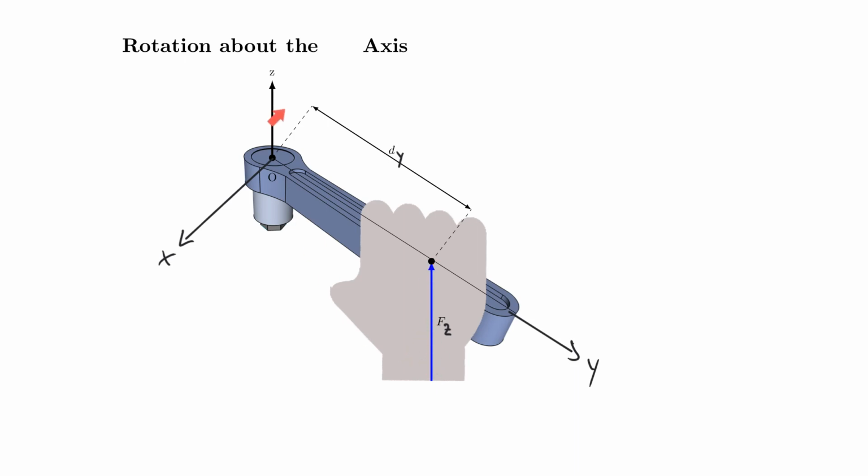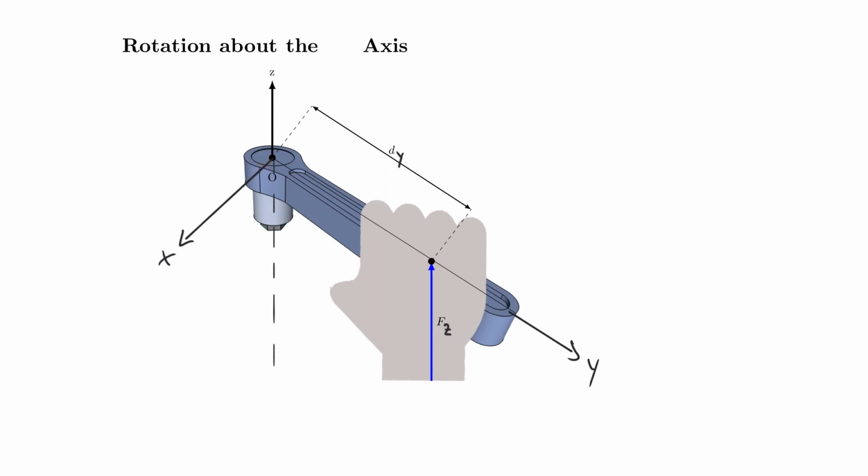So this here is parallel to the z-axis. Let me clarify this a little bit better by adding the z-axis that is going down here. That would be the negative z-axis. And so the Fz and the dy are now in effect. But again, nobody would ever rotate a wrench like that unless you try to break something. But it is important for us to understand that there's still rotation created about this point.